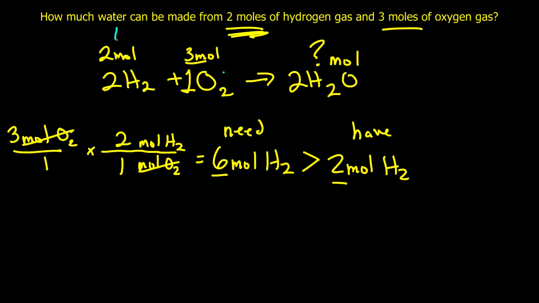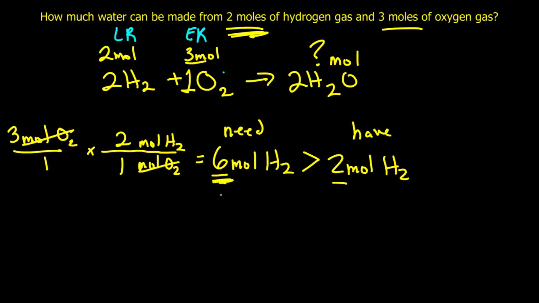So H2 is my limiting reactant. And if H2 is my limiting, O2 is my excess. Or you can remember, if the left is larger, it's limiting. If this left value is larger, it's the limiting reactant. Left, larger, limiting. That's how I remember it.